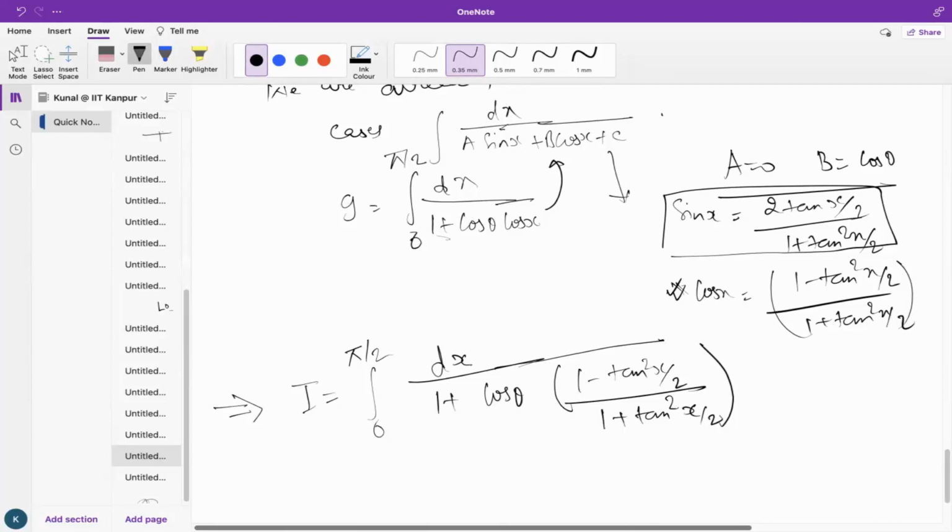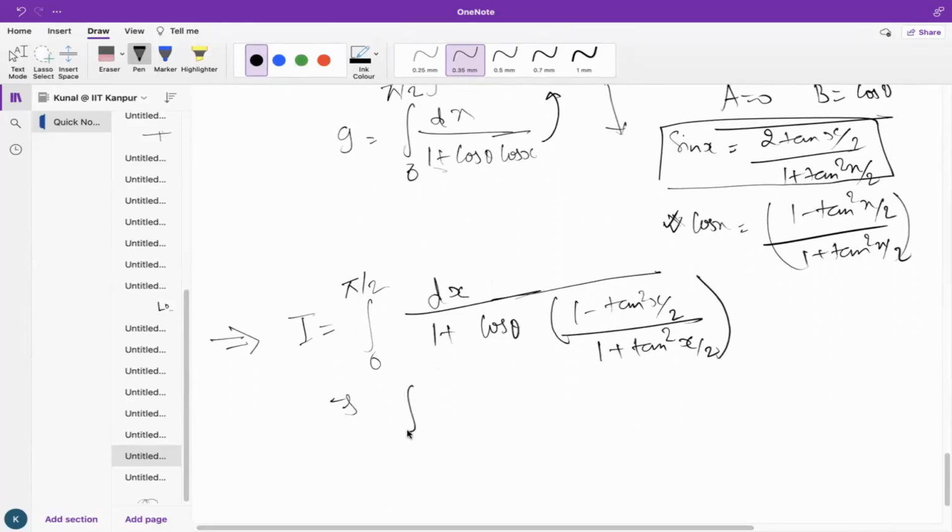Like if this kind of integral looks like this, we have to substitute sin x and cos x as this. And the same thing we are doing here, but in the last, we just substitute the limit, just insert the limit. Now proceed on here.